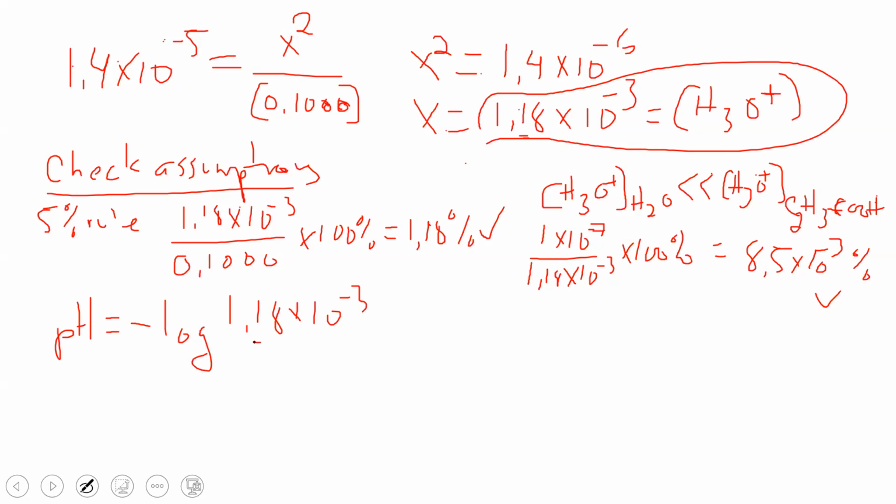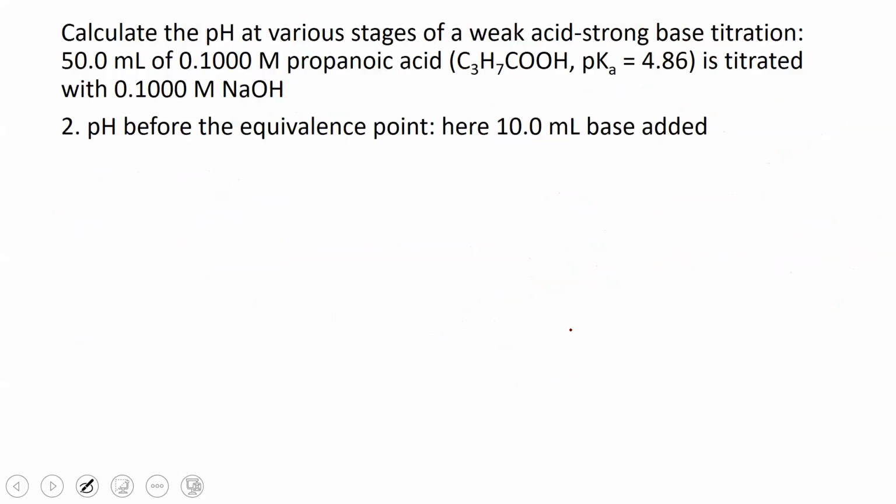With 2 significant figures after the decimal in the mantissa, and we wind up getting a value of 2.07 for our pH. Okay, so far nothing has changed from what we've done in the past. That's still just a weak acid in water that we're calculating there. Okay, so that's the starting point in that titration.